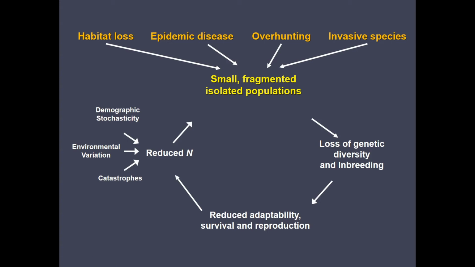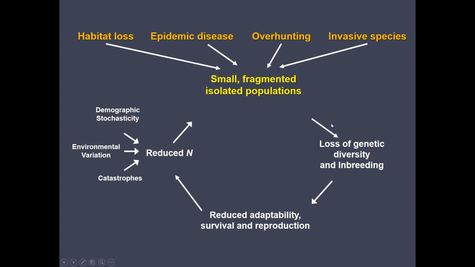Smaller population size makes it more vulnerable to demographic stochasticity, and if the range contracts, potentially more vulnerable to a random stochastic environmental event, like a flood that affects the entire area that the population occupies. So reduced population size leads to an increased chance of stochastic events causing extinction.